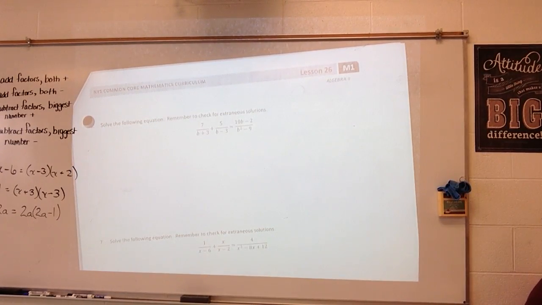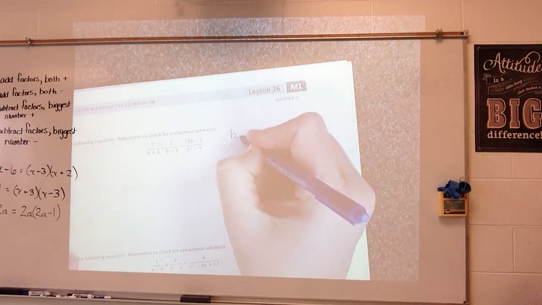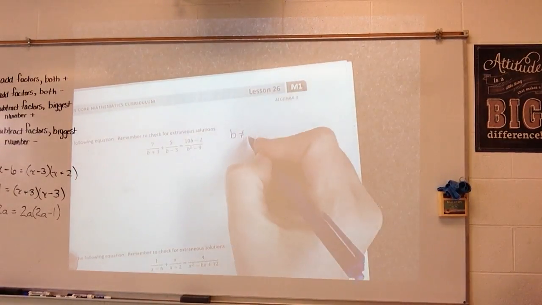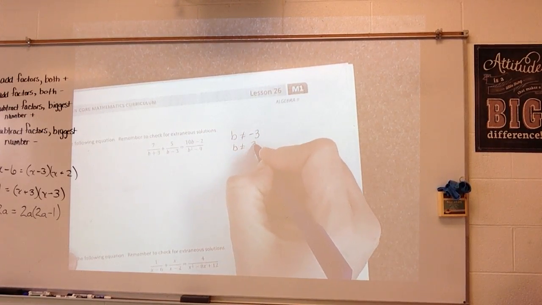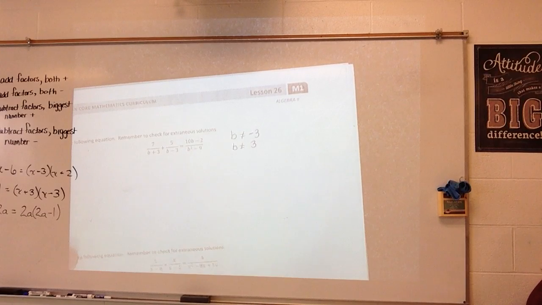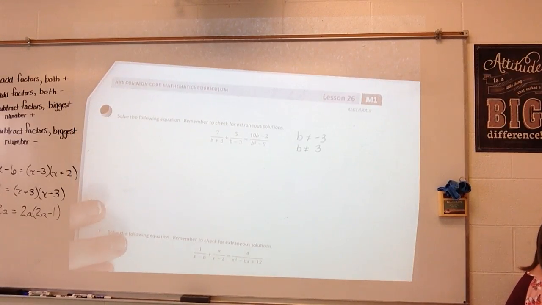Go ahead and look at number 6. Solve the following equation. Remember to check for extraneous solutions. Alright, so first thing we know is b cannot equal -3. B cannot equal 3. Alright, can't be that.